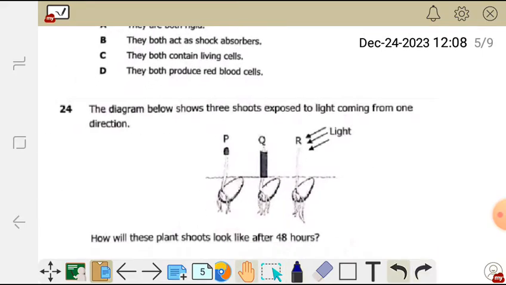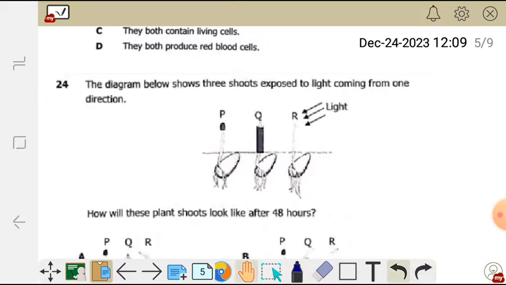Question 24. The diagram below shows 3 shoots exposed to light coming from one direction. So this is the light coming from one direction, and these are the 3 different shoots. How will these plant shoots look after 48 hours? After 48 hours, these shoots should grow towards the light.